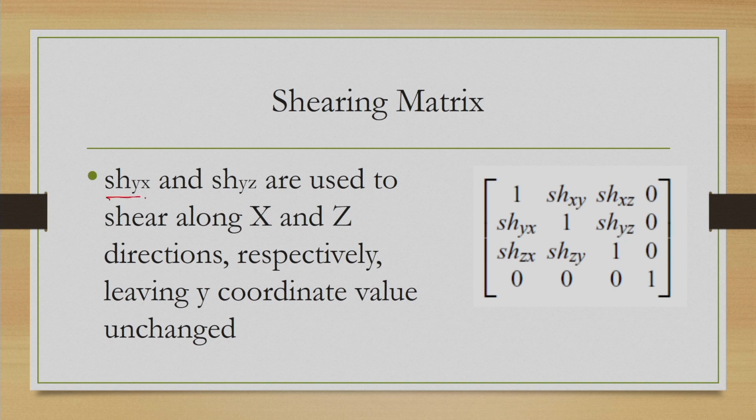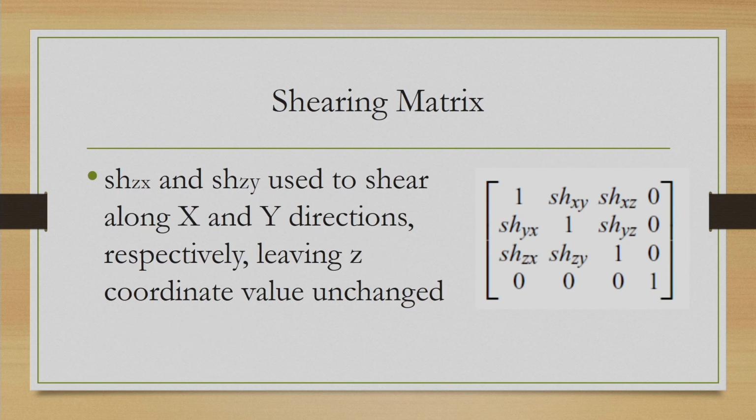Similarly, SHYX and SHYZ refer to the shearing factors along x and z direction when y coordinate value remains unchanged. And likewise, the other 2 shearing factors can be defined, that is SHZX and SHZY. These 2 refer to shearing along x and y direction, leaving z value unchanged.